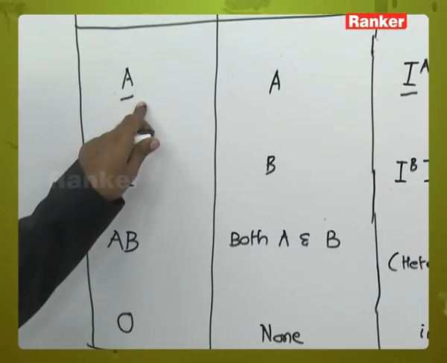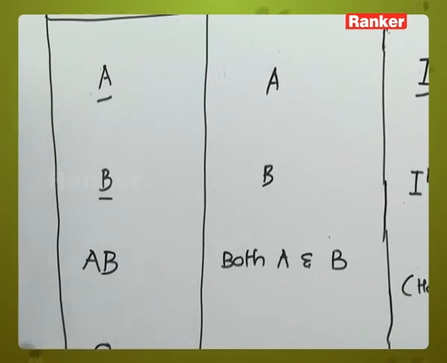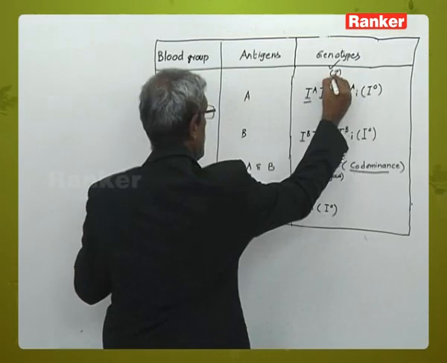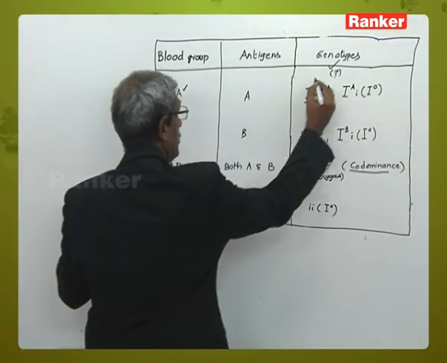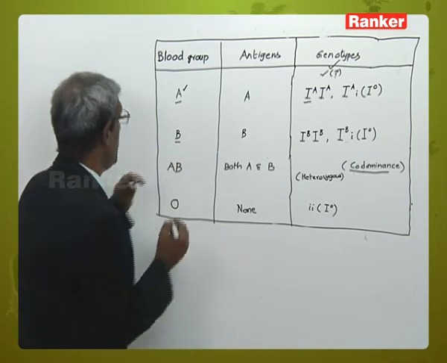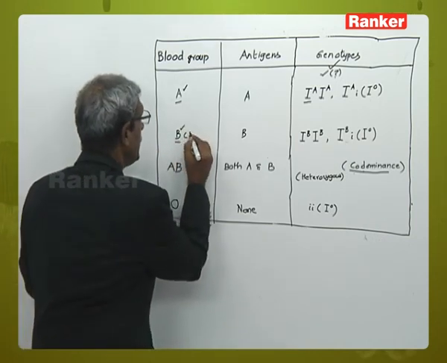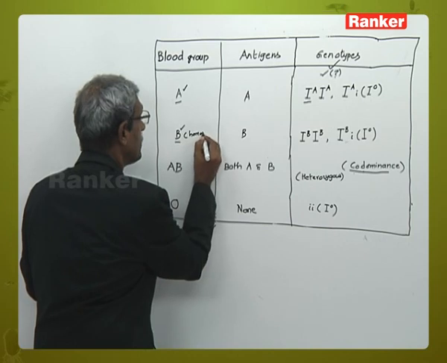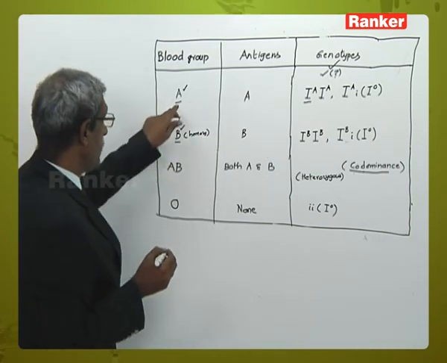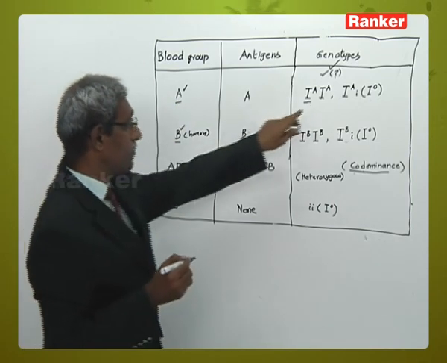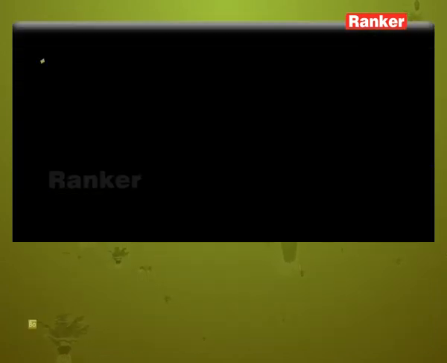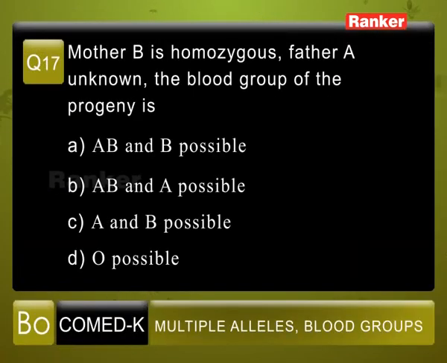The father has blood group A, but the genotype is not known, whereas the mother is B and the mother is homozygous. So given these situations, with father A with unknown genotype and mother B homozygous, the question says, what is the blood group of the progeny?